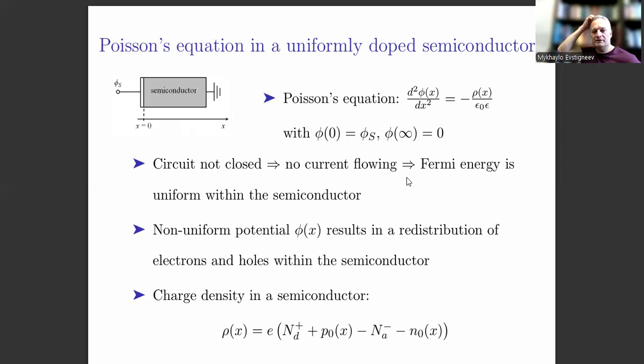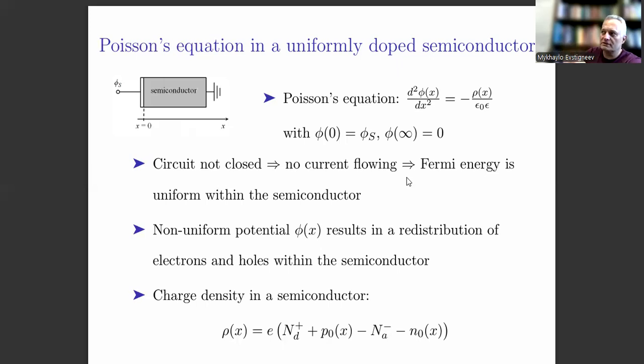We can, for example, apply an external electric field, which will induce a particular value of the surface potential on the semiconductor. This is really done in metal oxide semiconductor structures, in MOSFET transistors. The semiconductor is not a part of a closed circuit, so no current is flowing.